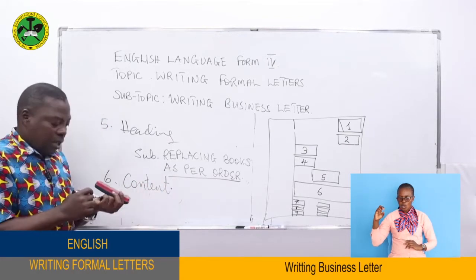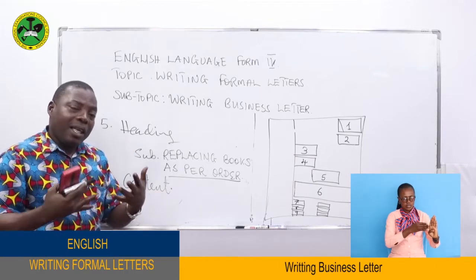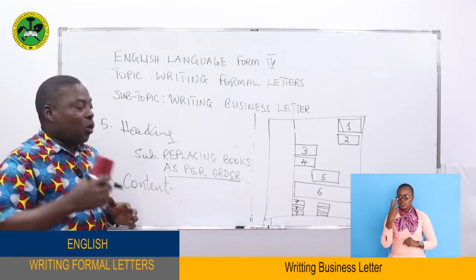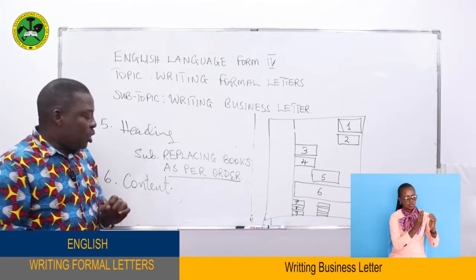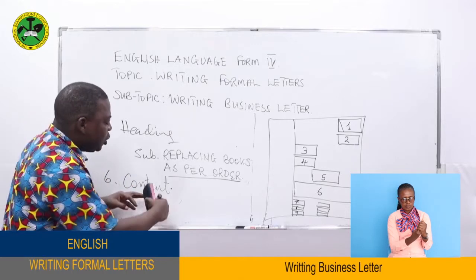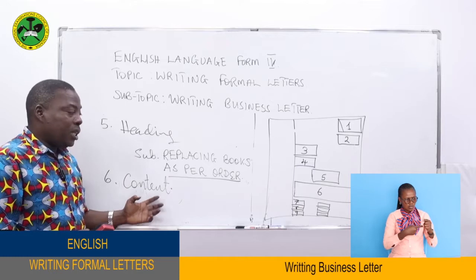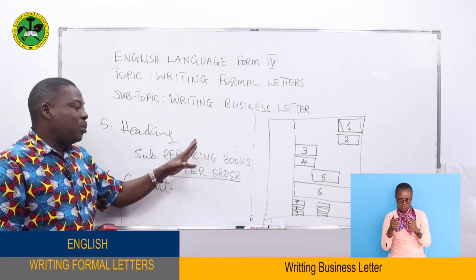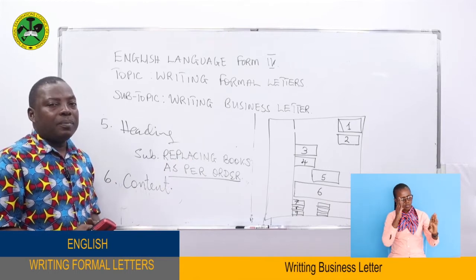Now, as we said, content and heading, there are two things: what you write under heading has to have a great reflection of what you're going to write in the content part. But in fact, under content, you are going to make analysis of what is there in your heading.